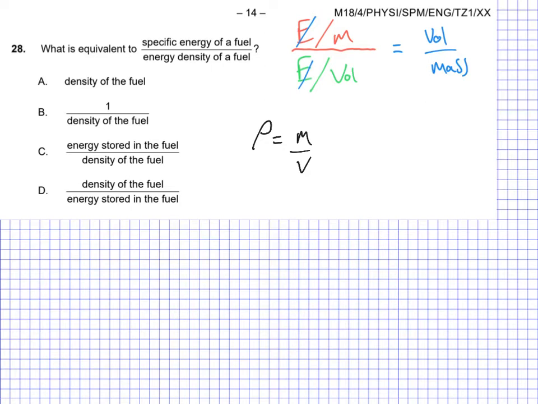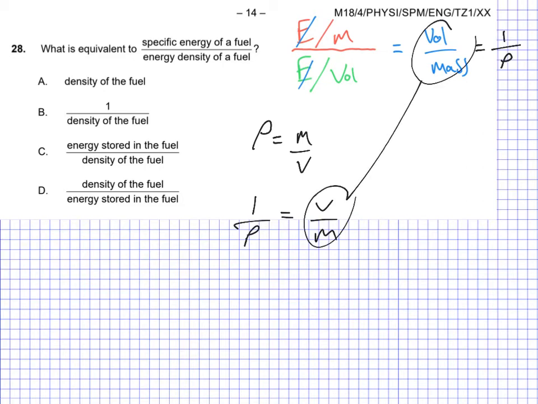So in other words, what we have here is 1 over rho. If we say 1 over rho, or the reciprocal of rho, is going to be the opposite, which is volume over mass, which is what we have here. So the answer should be 1 over the density, in other words, 1 over rho, and there it is, it's B.